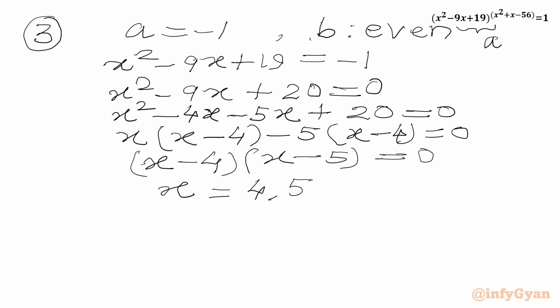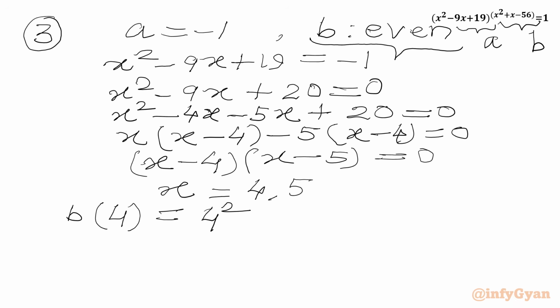Now we have to check b should be even. So we will calculate b of 4, it should be an even number, and b of 5 should be an even number. Okay, let's check b of 4. So we will write here 4 square, exponent is our b. So we'll write 4 square plus 4 minus 56. 16 plus 4 is 20. 20 minus 56 is minus 36, which is an even number.